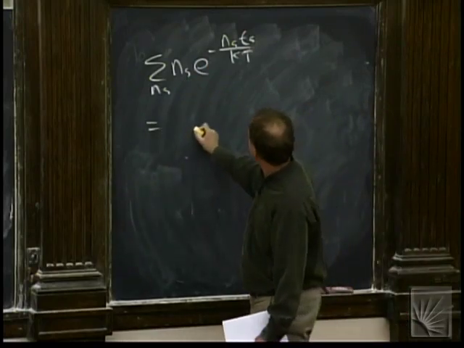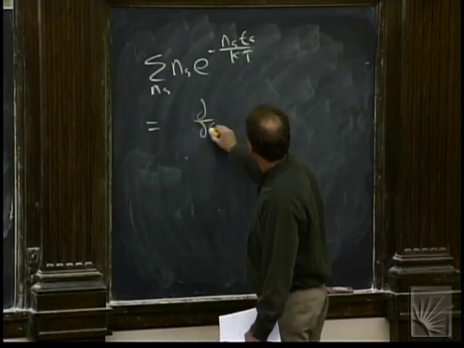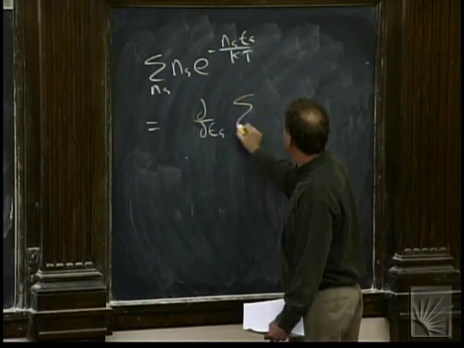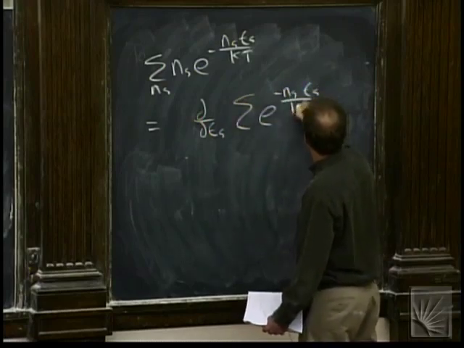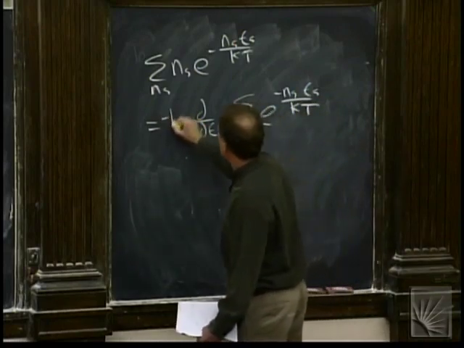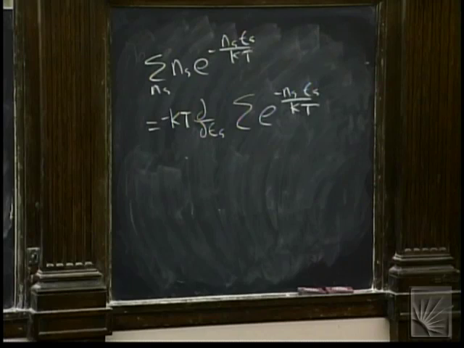And what you realize is this is d by d es, and I better multiply by minus kt. All right? So if I take the derivative with respect to energy, whatever that means physically, I don't care. I'm just being mathematical.